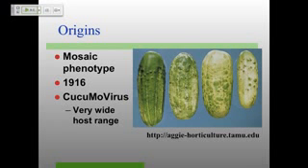Cucumber mosaic virus is really interesting because it's probably, at least as far as species are concerned, the virus with the widest host range that has ever been found. Last count, something like 1,200 different species of plants can be infected by this cucumber mosaic virus, which gets back to this naming convention. Okay, it's cucumber mosaic virus, but it can infect tobacco. Okay, wait a minute.